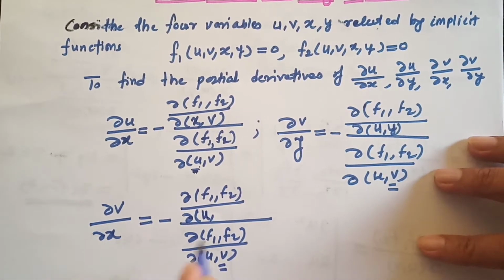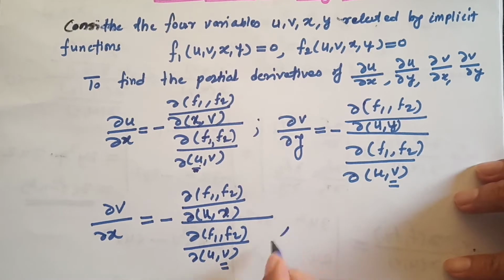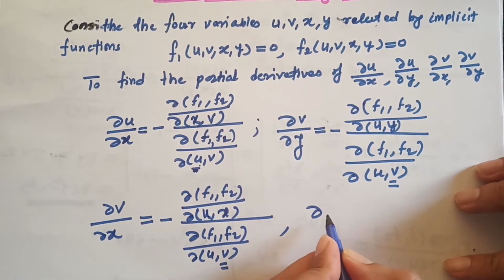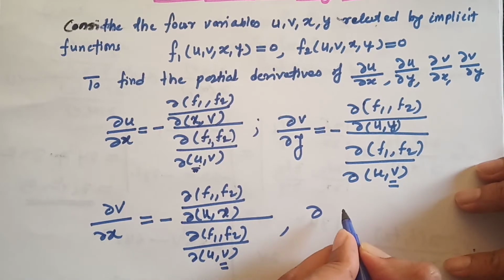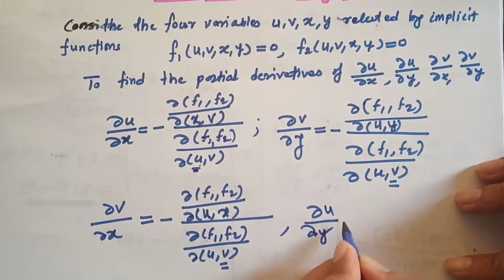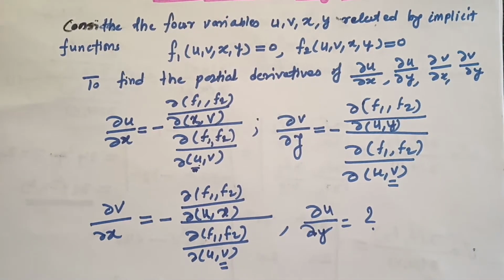Now here just replace v by x. Solve the numerator and denominator and substitute the value. We get the partial derivative of v with respect to x. Similarly, we can write partial derivative of v with respect to y also. You write the formula for partial derivative of u with respect to y.